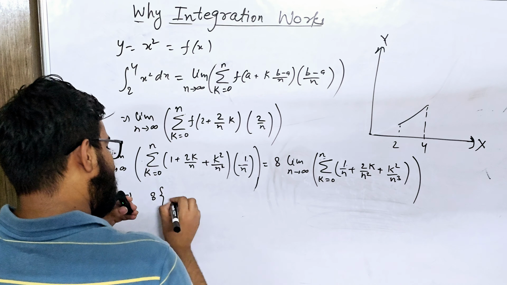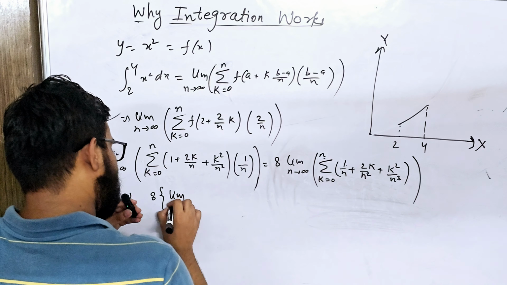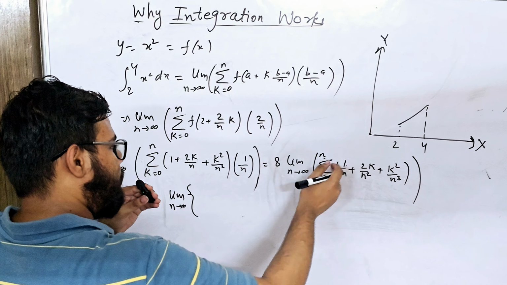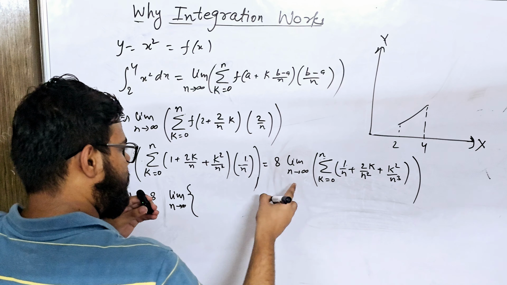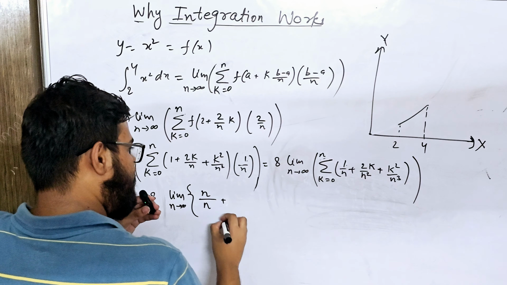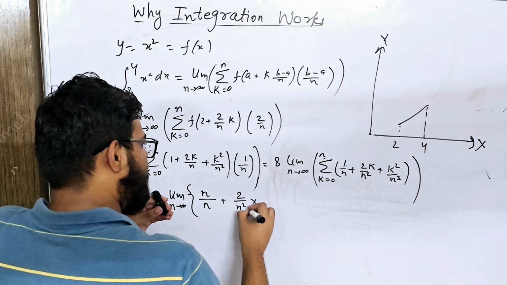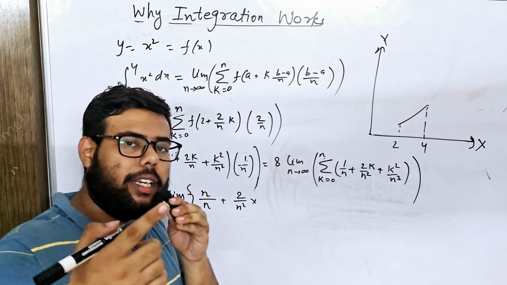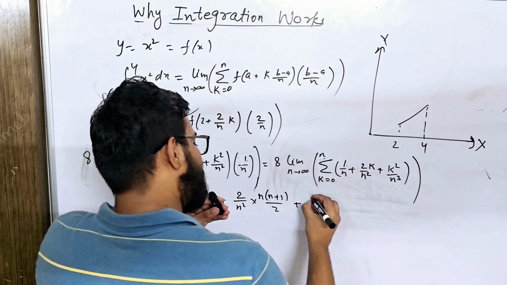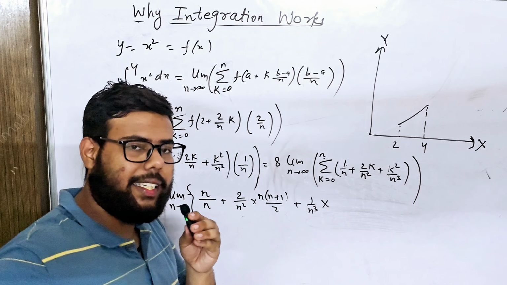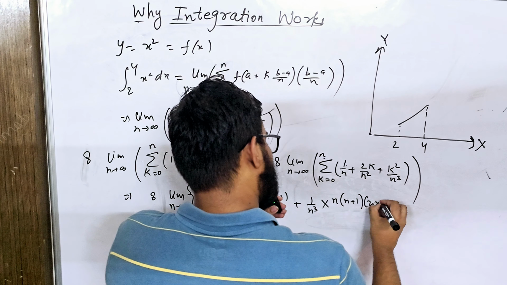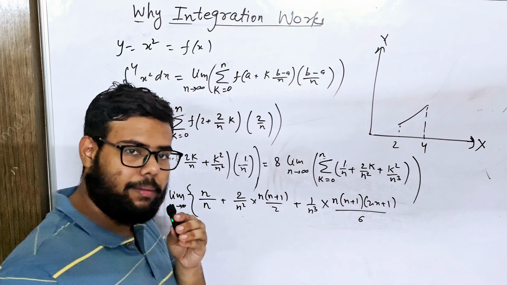So we get 8 times the limit as n tends to infinity. What is the summation of this? Summation of 1 from this to this will be n/n, plus 2/n squared times the summation of k from 0 to n, which is n(n+1)/2, plus 1/n cubed times the summation of first n squares, which is n(n+1)(2n+1)/6.